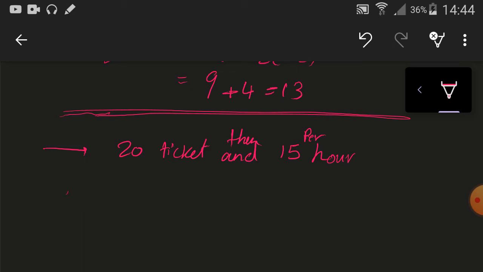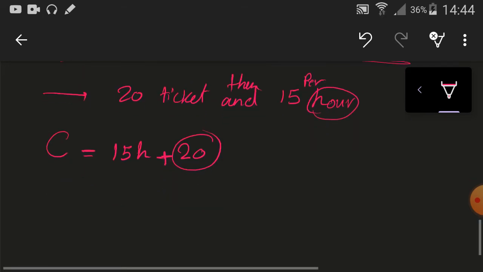So can you give me a formula for the total cost? The total cost here will be 15 for every hour, so we write 15h. This is how to write 15 per hour, and this is how we read it. 15 per hour plus 20 as a fixed or one-time fee.